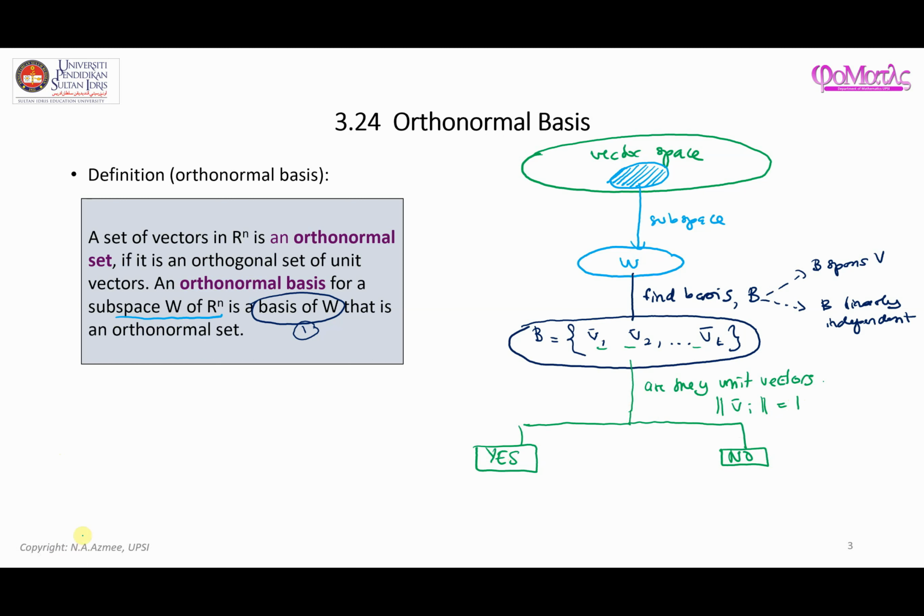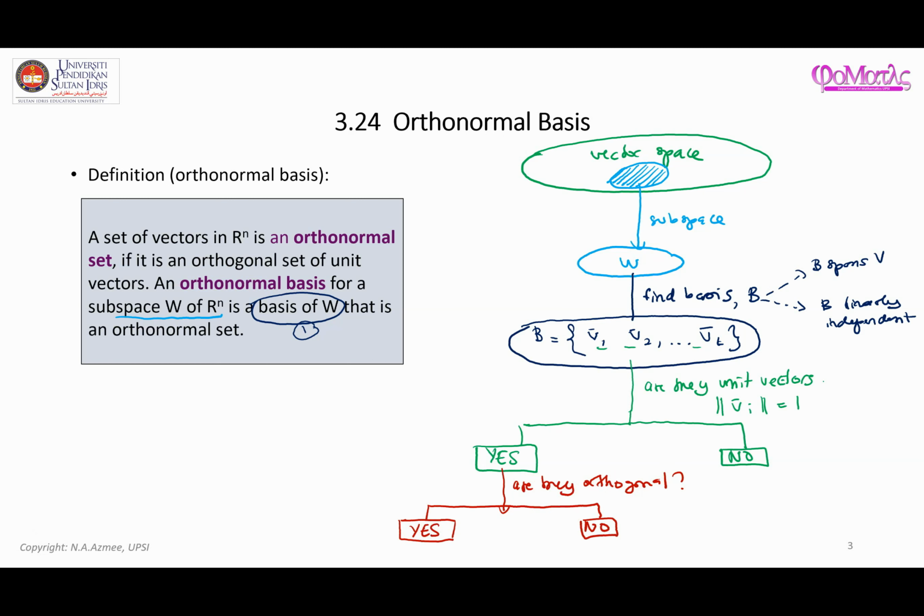Next, once you have checked whether they are unit vectors or not, you can go on and check the orthogonality. The answer to that again can be yes or no.